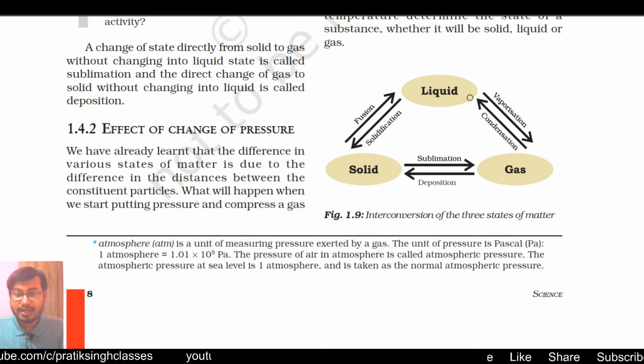As you can see here, when liquid changes to gas, it is called vaporization, but its opposite, gas changing to liquid, is called condensation. This vaporization and condensation may happen because of change in heat or change in pressure or both.